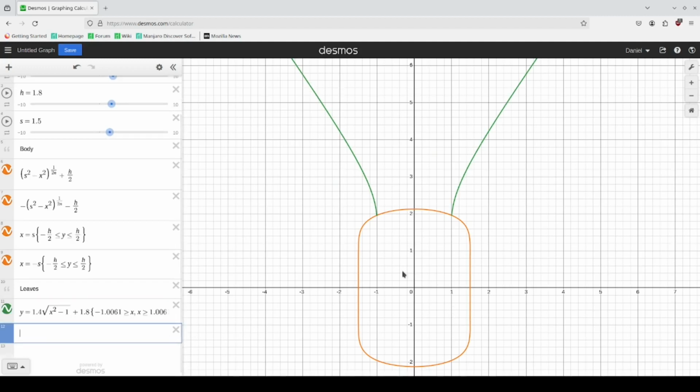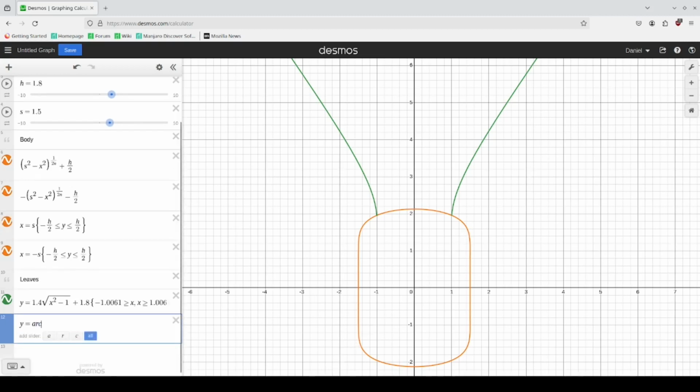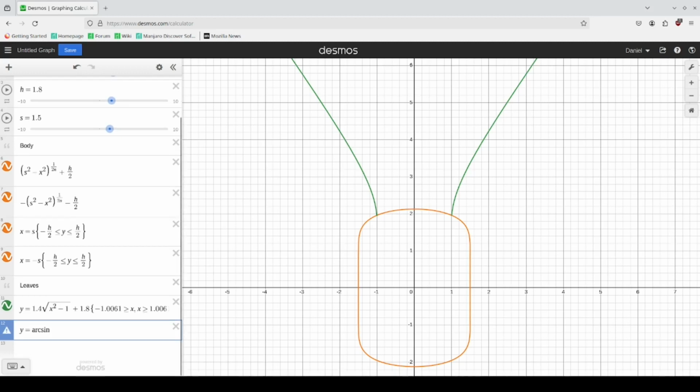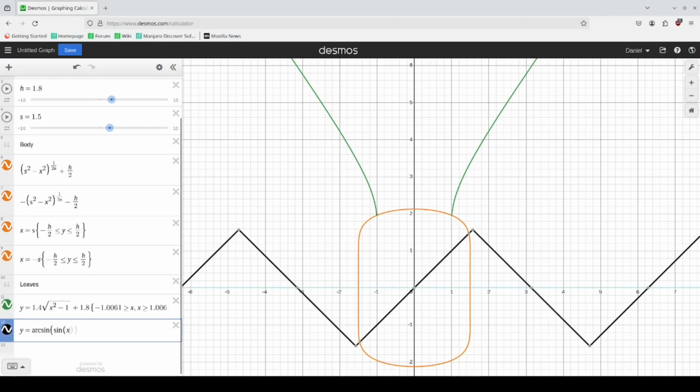Now for the jagged lines, let's see, the triangle wave, or as some have called the sawtooth wave, that is a sine inverse of sine of x.